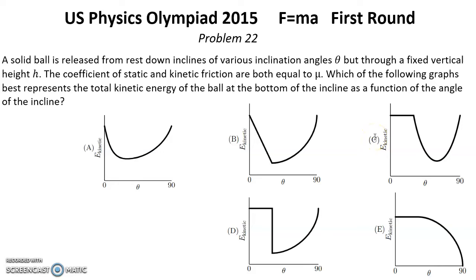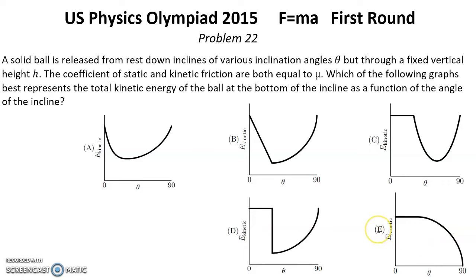Later, when the angle increases almost to 90 degrees, we have very small friction and we are not losing energy at all as the angle goes to 90 degrees. It means that only C and D could be possible solutions, not E.